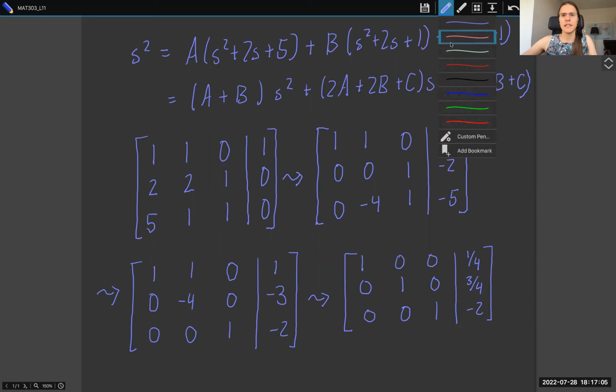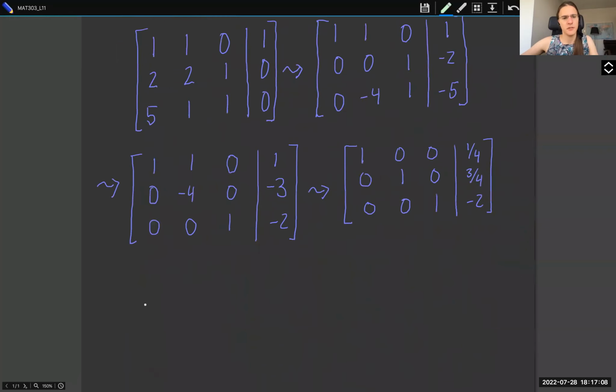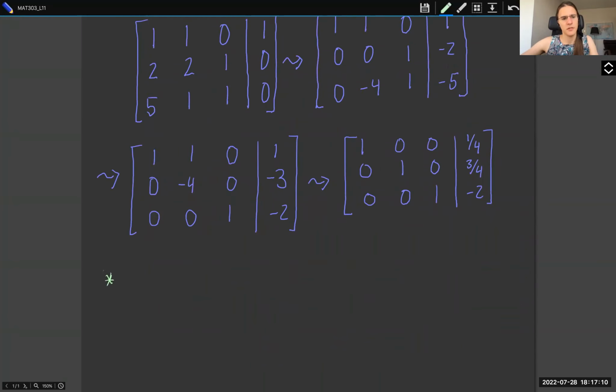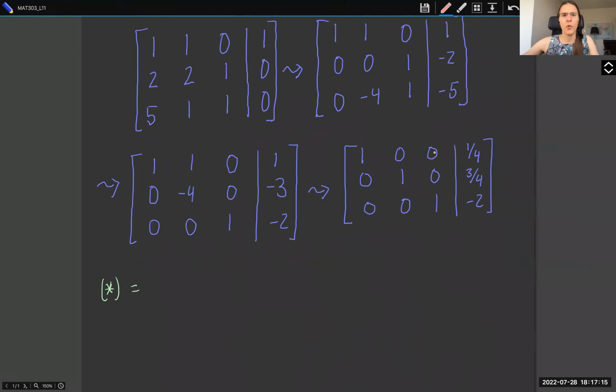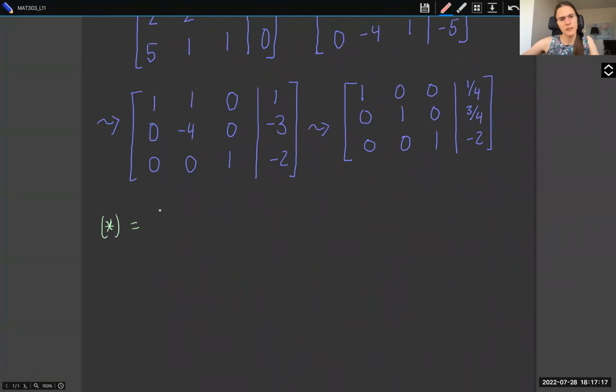So what that tells me is that if I look at my original equation, then that's equal to 1/4 times 1 over s plus 1.